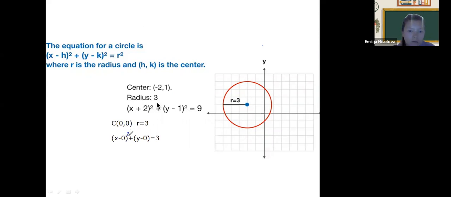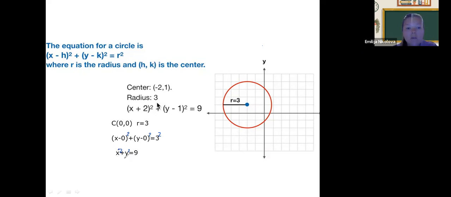Because when the circle is in the center, it's easy. It will be x minus 0 is x, so x squared plus y squared equals 3 squared, or 9. So that's really easier, because the coordinates of the center of the circle will be 0.